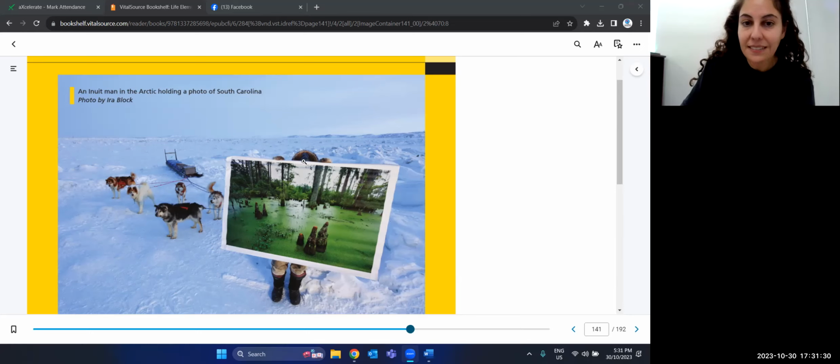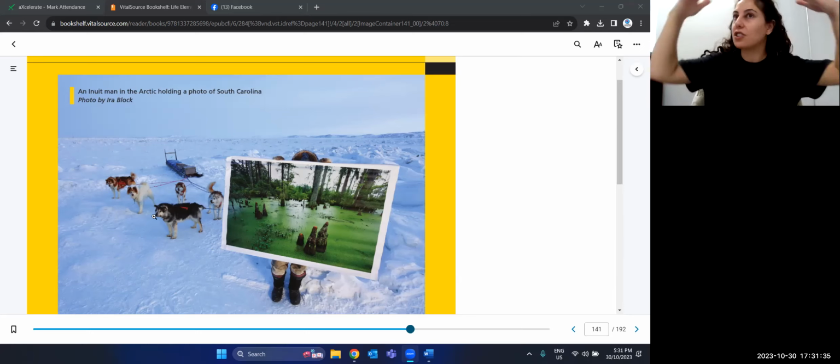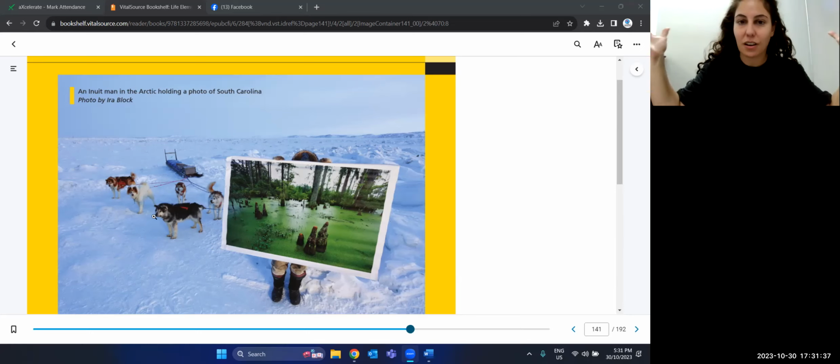So this is a man, and he is in the Arctic, which is on top of the earth. So it's snow, ice, snow dogs, a sleigh, and he's holding a picture, a photo of a place, which is South Carolina in the USA.